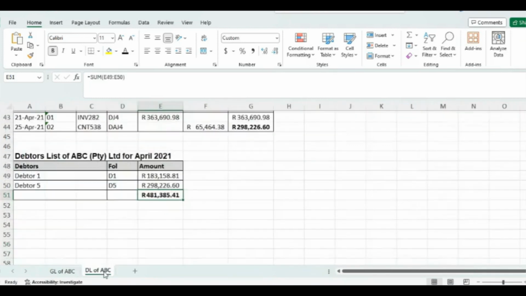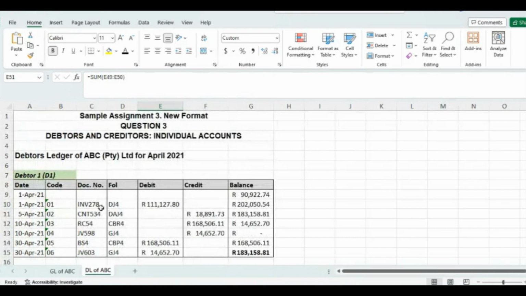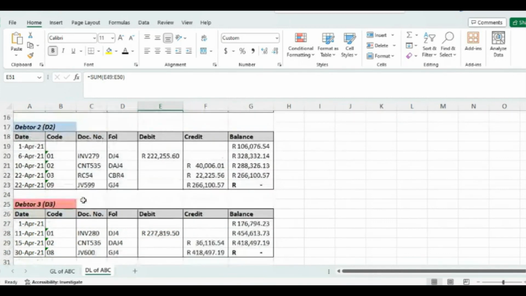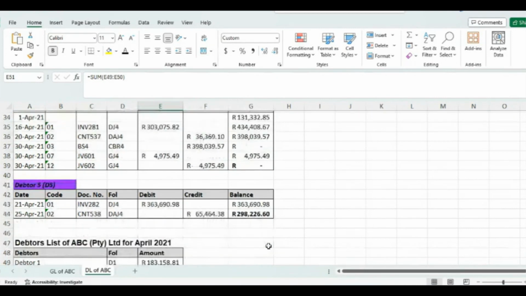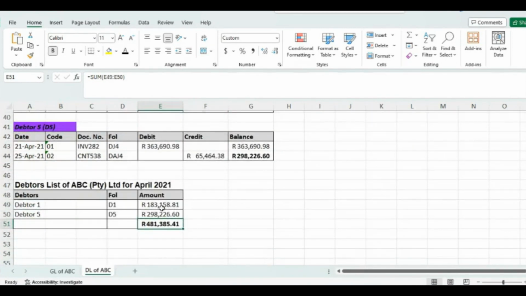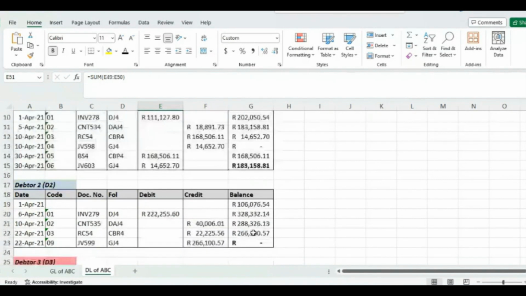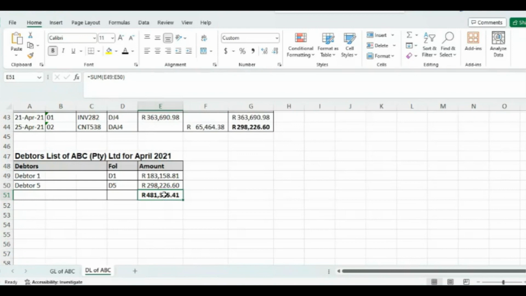So quite easy. Just going to recap again. Identify the debtor, color code them if you can. Then you go and look for all the transactions that pertain to this debtor, and you record it here to get to the balance for each debtor. If the guy has a 0 at the end, he's not going to be in the debtors list at the end of the month. So in this case, we only had 2 debtors in the debtors list, and there was an amount here of 481.